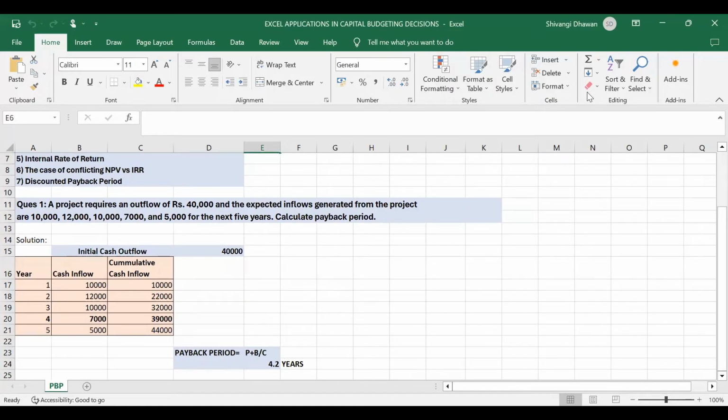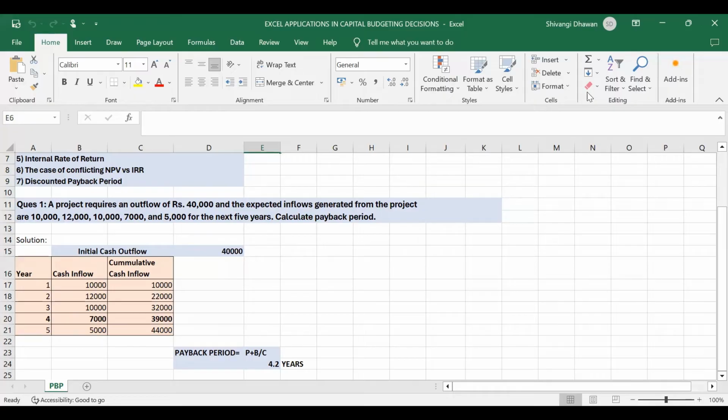Calculate payback period. So here, we need to understand that the payback period is the length of time for an investment to recover its initial outlay in terms of profits or savings.